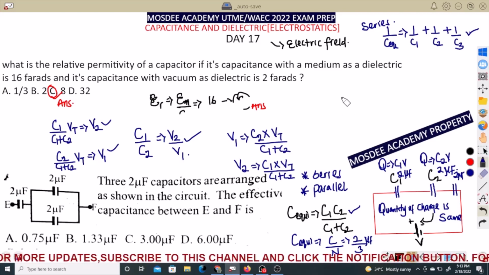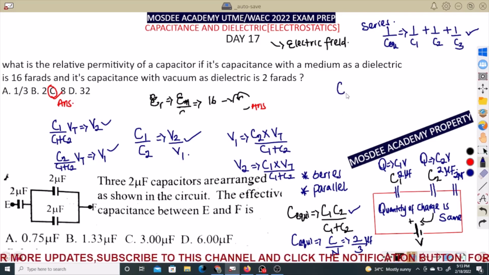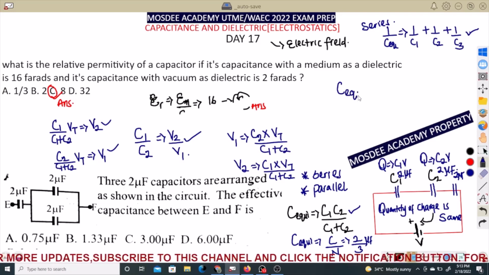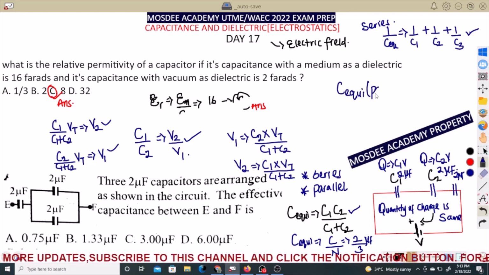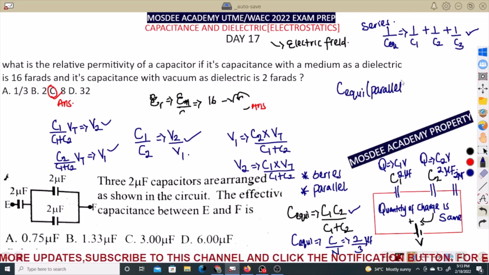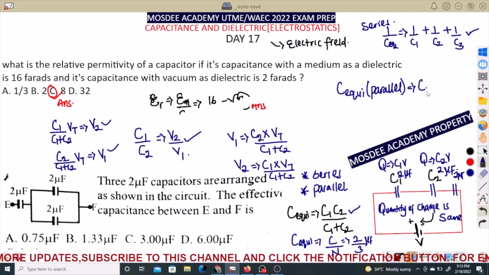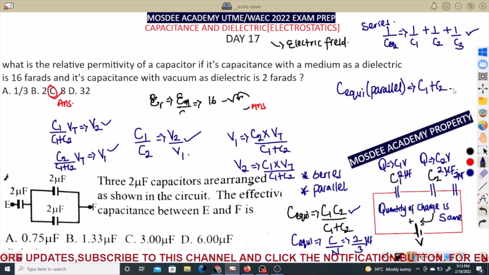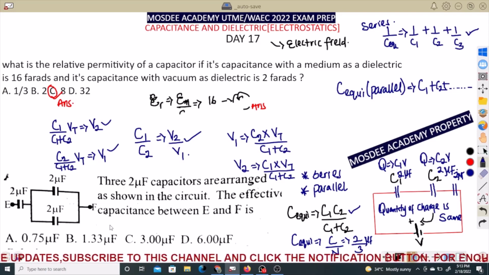So be that as it may, we say equivalent for parallel is just the addition of the total number, C1 plus C2 plus, you continue to infinity. So it is very simple to do parallel because we just add them together as many as they are.